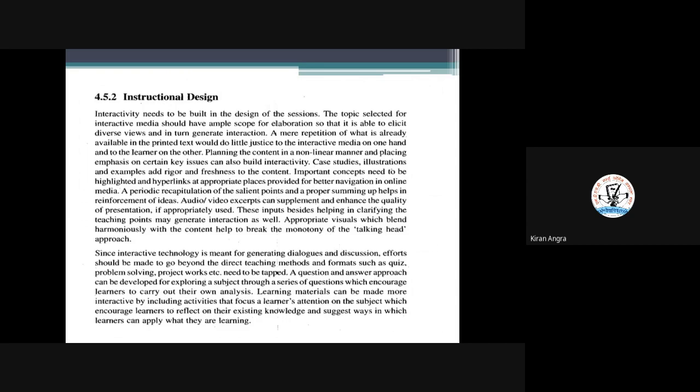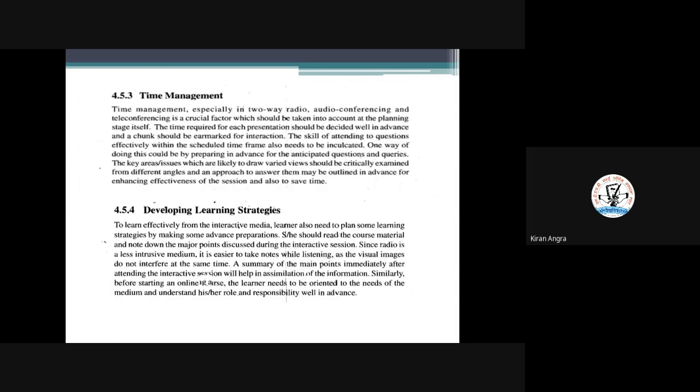The third implication is time management, especially in two-way radio, audio conferencing or teleconferencing. The crucial factor is that you give proper time and finish your presentation in time.